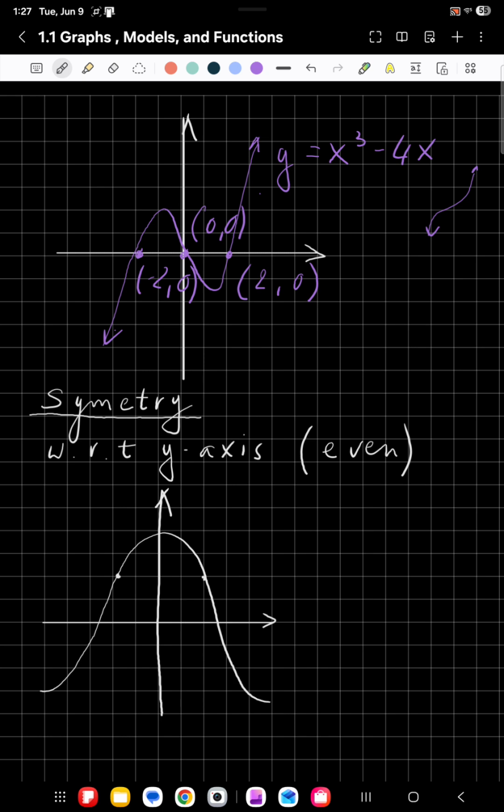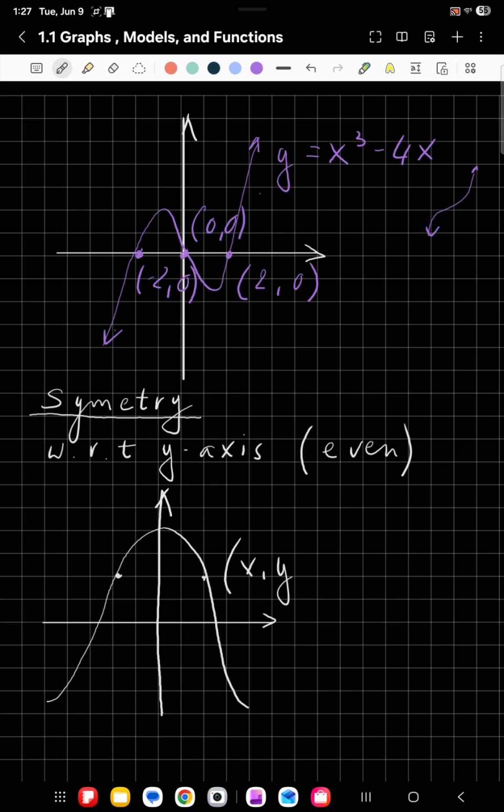I tried to make it symmetrical with respect to the y-axis. I hope I succeeded more or less. Maybe those ends here are not perfect. Let me try again. Of course, I didn't mean to erase the whole thing, but I did. I don't know if this one is better. Maybe not.